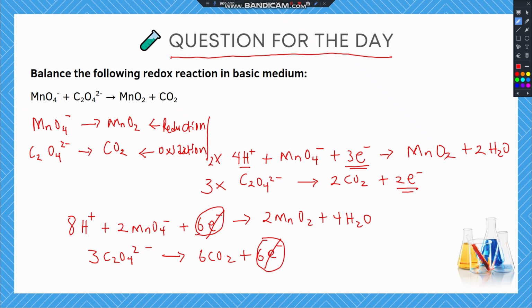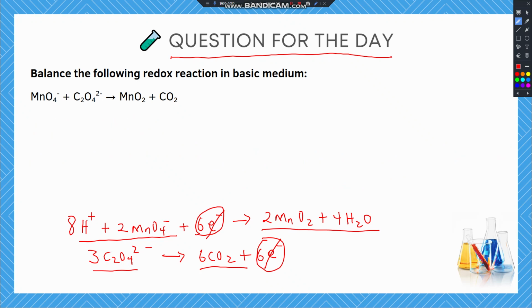So the next rule says add the reactions together. So everything on the left hand side here goes with everything on the left hand side, and everything on the right hand side here goes with everything on the right hand side. So let's add them together.